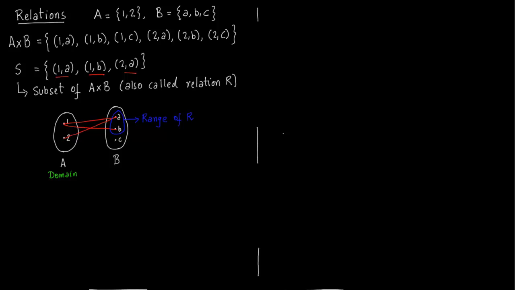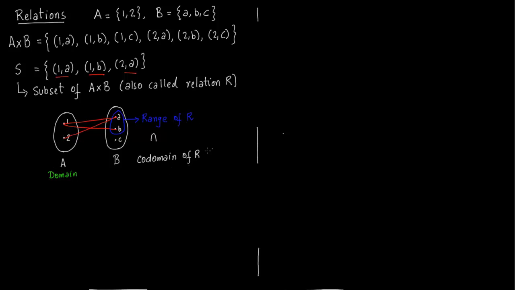And this entire set B is called the codomain. So you can see that the range is a subset of the codomain. So we talk about the domain of R, range of R, and codomain of R. So the codomain of R is the entire set B.